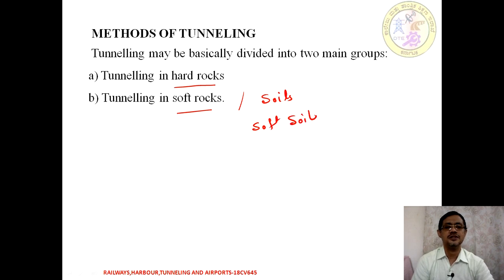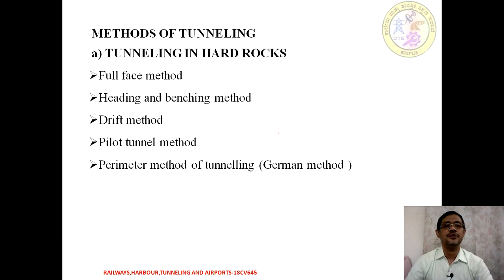These are the two groups we regularly use. In hard rock, we have different methods, namely the full face method, heading and benching type, drift method, pilot tunnel, and the perimeter method of tunneling or German method.